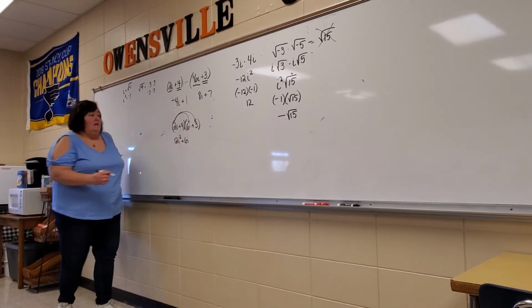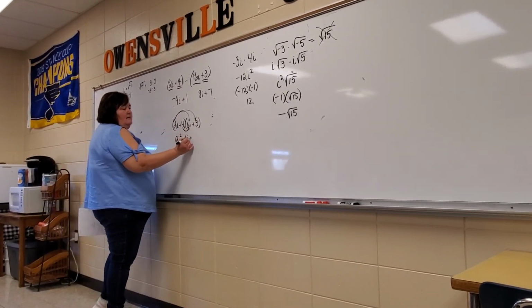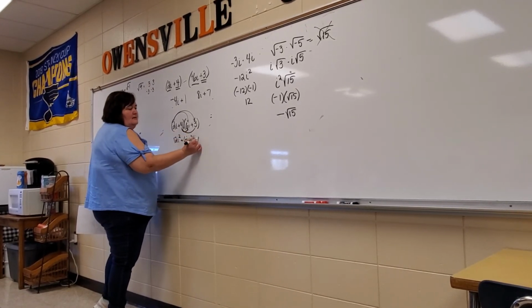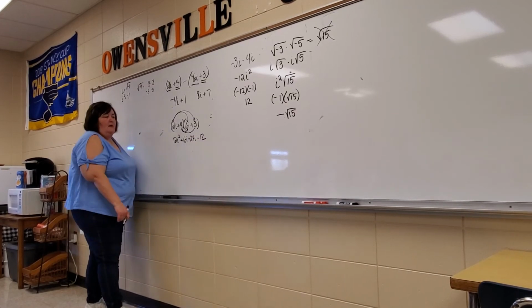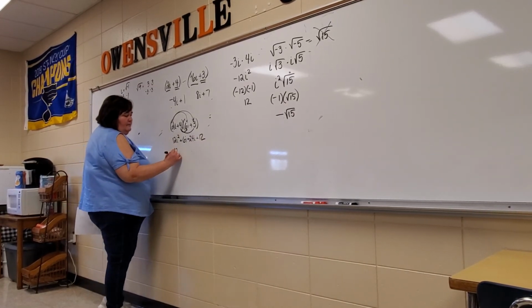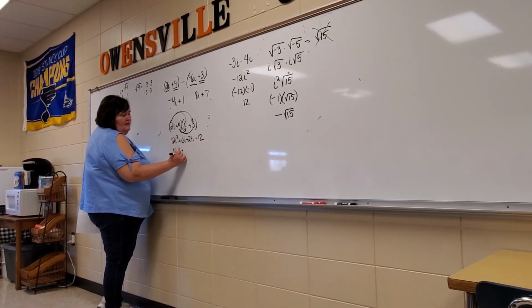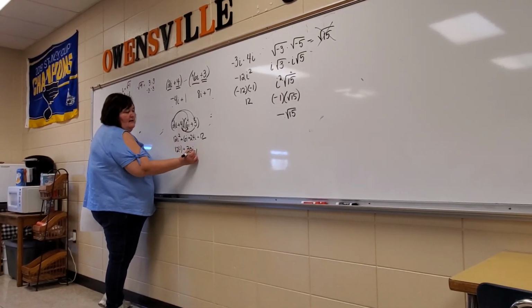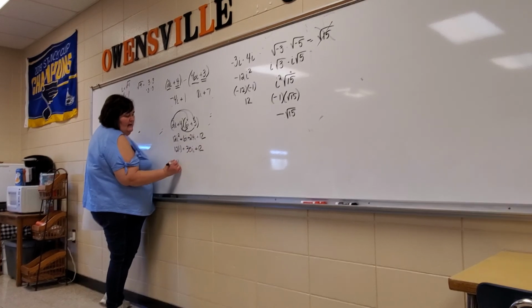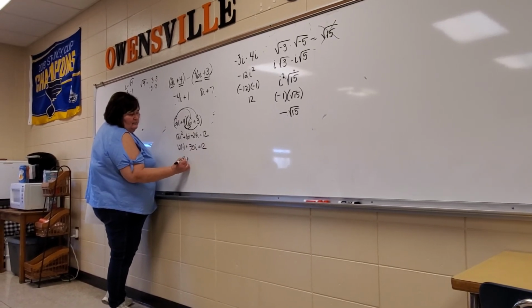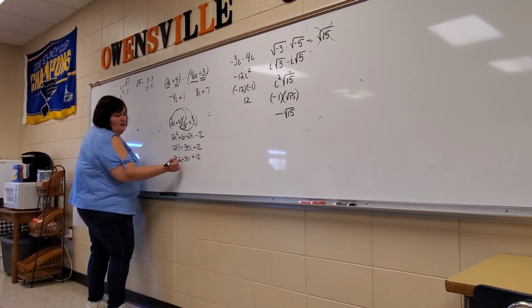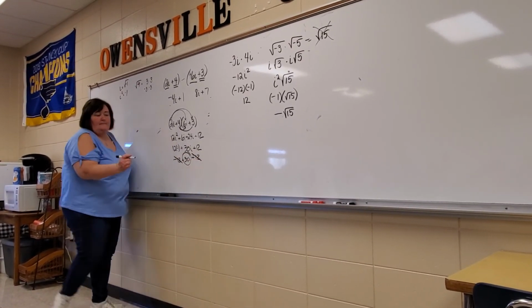Now 4 times 6i would be 24i. And then 4 times 3 is 12. What's i squared? Negative 1. 6 plus 24 is 30i plus 12. So we got negative 12 plus 30i plus 12, which is 30i.